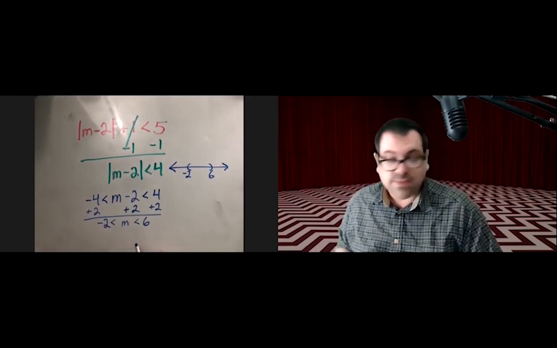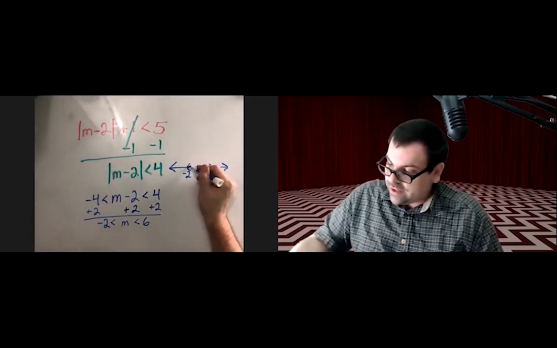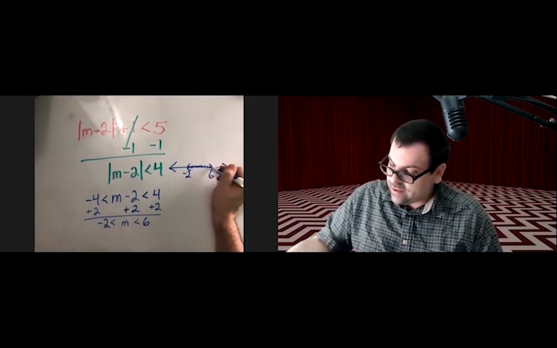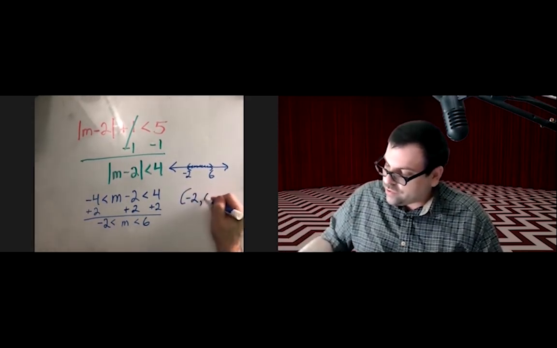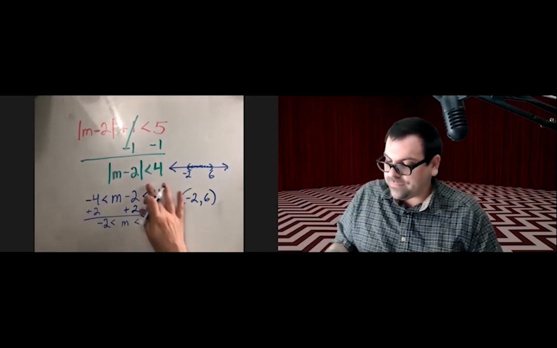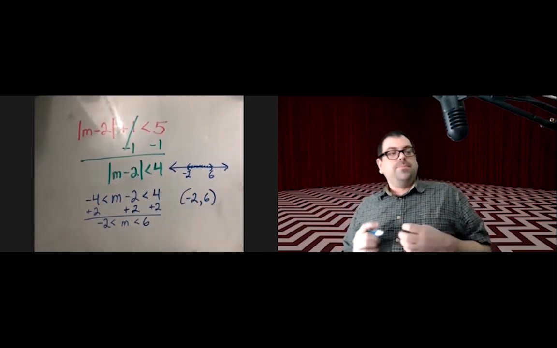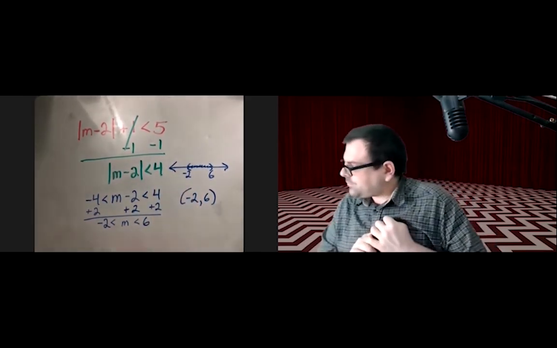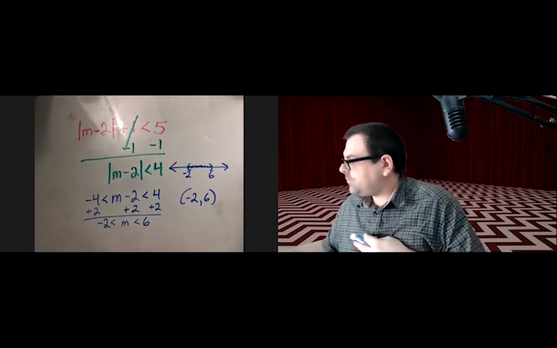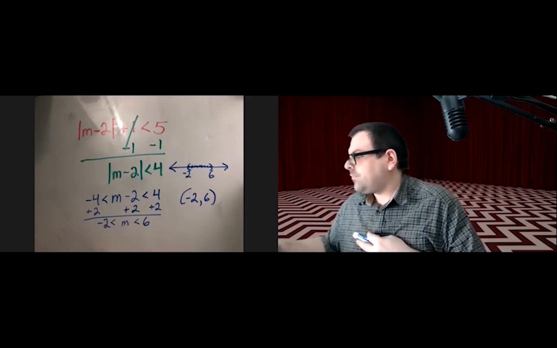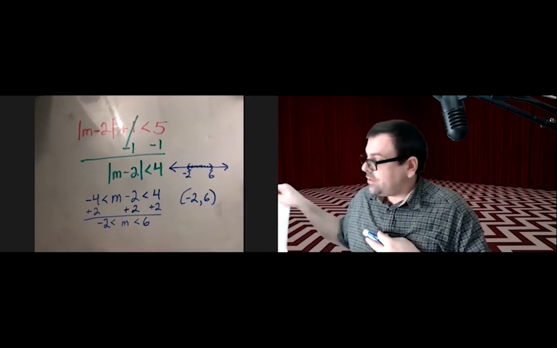So parentheses, and we shade everything inside. In interval notation, this would be negative 2 to positive 6. Let's look at another.